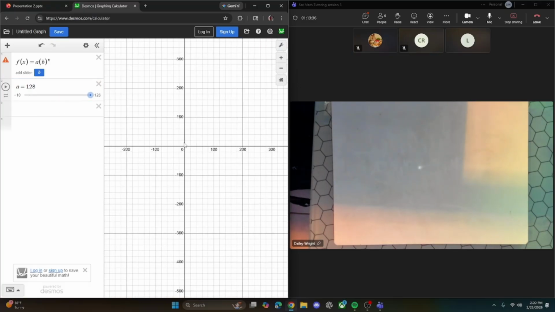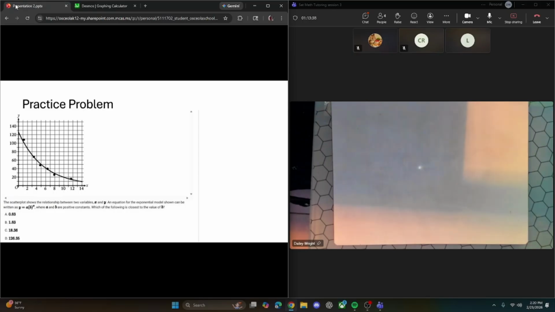It's not going to show the graph yet because we haven't plugged in b. Which of the following is the closest value of b? Well, before I plug anything in, I'm automatically going to know it's A, because if it's anything greater than 1, then it's going to be exponential growth, and we can see that this equation is decreasing. So I automatically know that it's A based off of that.